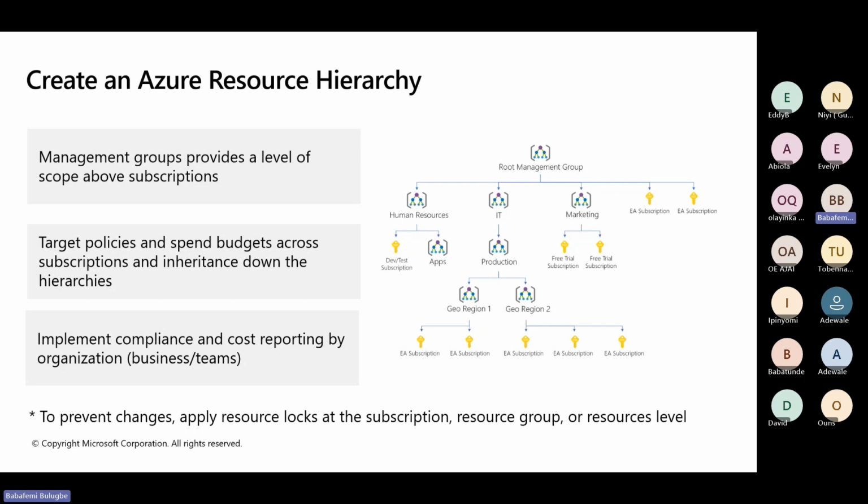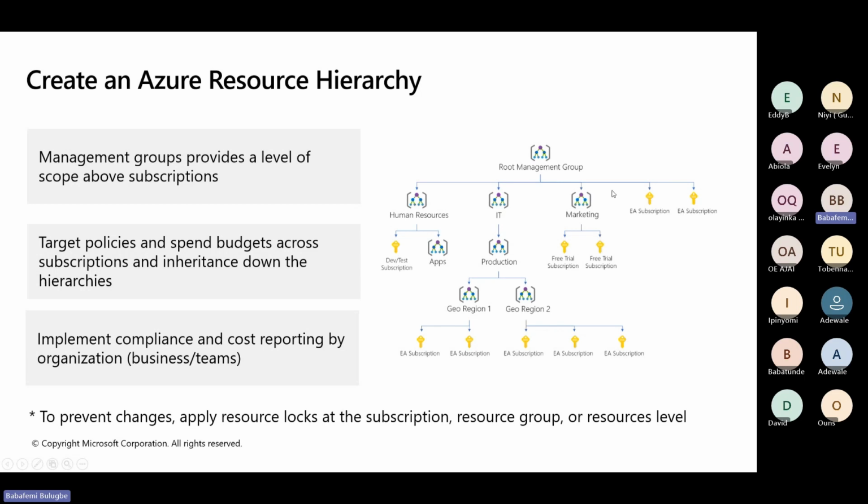a management group. So we can have different management groups, then we can have what we call a root management group. So that's what the hierarchy is here. If you have a root management group, you can have multiple management groups. Then within each of these management groups, you can have another management group, or you can have a subscription.